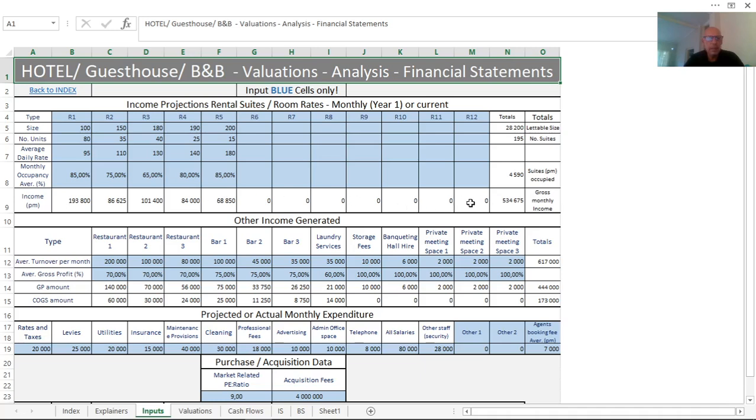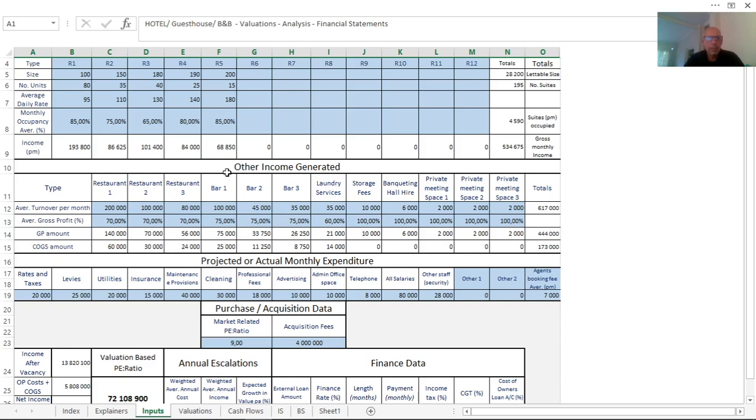Your other income generated, very important. You should pick this up off any balance sheet that you're working on or data that is available for you. The basic types of other income are from restaurants. You might have 1, 2, or 3 restaurants within the hotel group or guest house lodge.